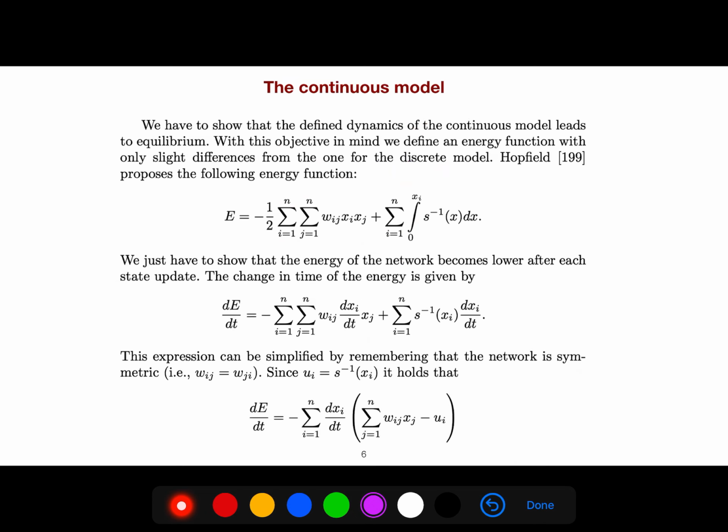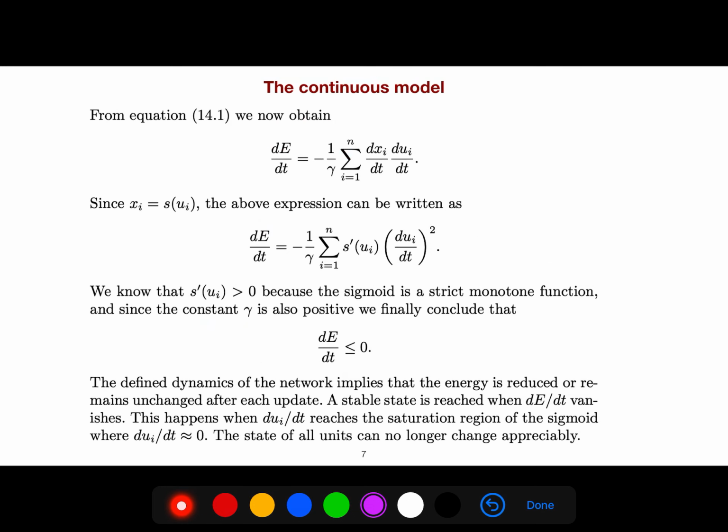So again, we have an energy function, but here we integrate over all x_i's, because x could change. It's not just 0 or 1. You should integrate over all possibilities. But the important thing is that if you take the derivative with respect to time, then you will see that it decreases as well.